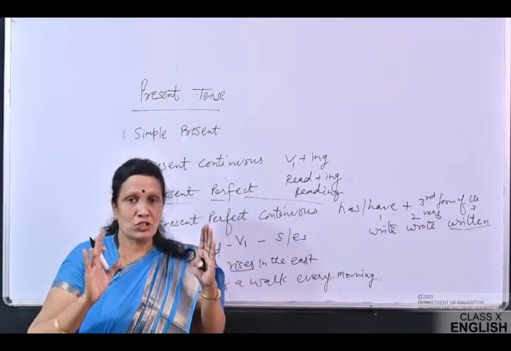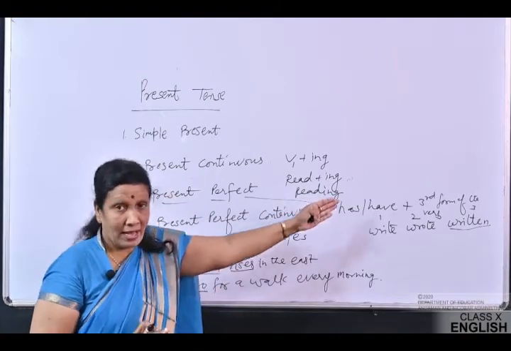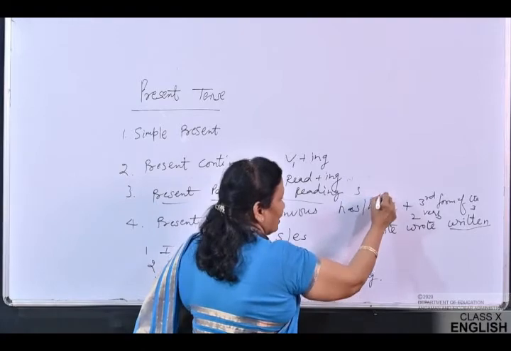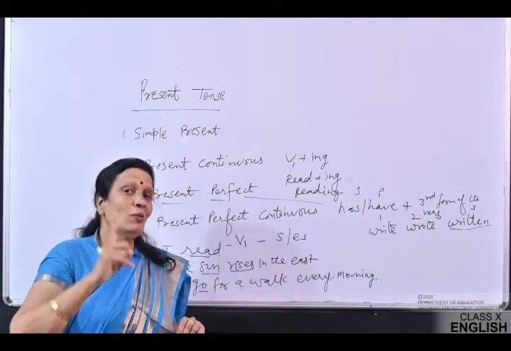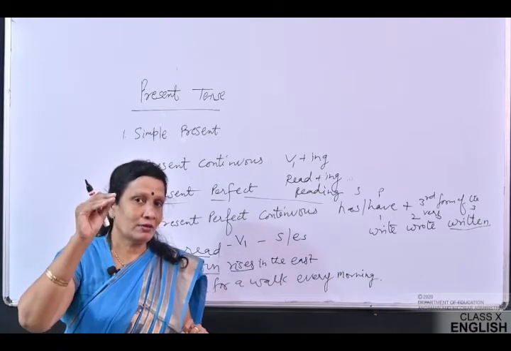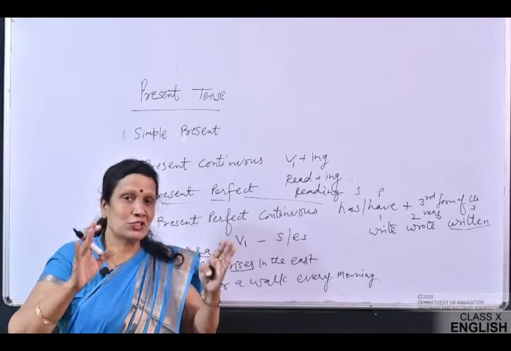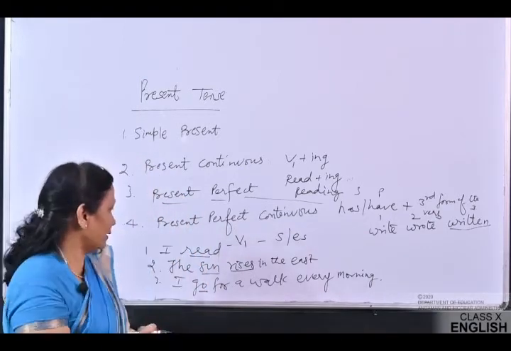It shows some action that has been completed. Again has or have: has for singular, have for plural, and again for I have and you have. Please remember that. I am just repeating again and again so that it goes into your mind and you are able to understand it properly.